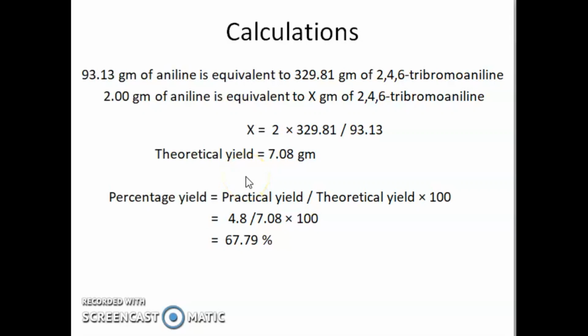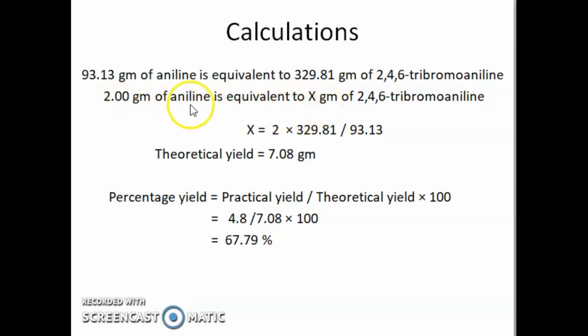Students, now we will see the calculation part of today's practical, the synthesis of 2,4,6-tribromoaniline. 93.13 gram of aniline is equivalent to 329.81 gram of 2,4,6-tribromoaniline. As we have taken 2 gram of aniline, we have to find out how many grams it is equivalent to.